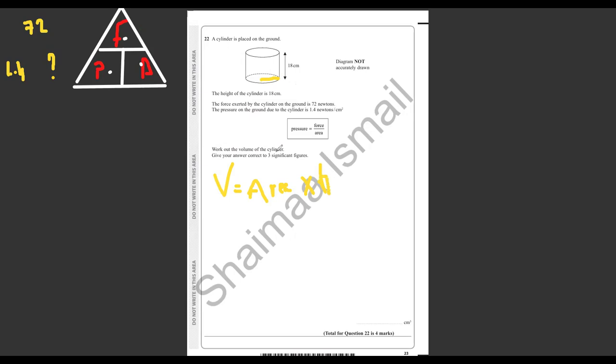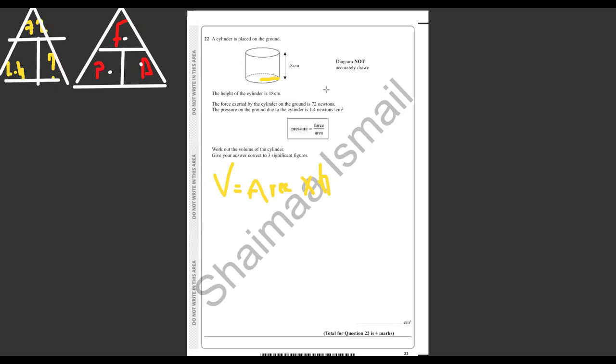Area times height is the volume of any prism shape. So here, 72 dividing by 1.4 will give us the value of the area of this shape.